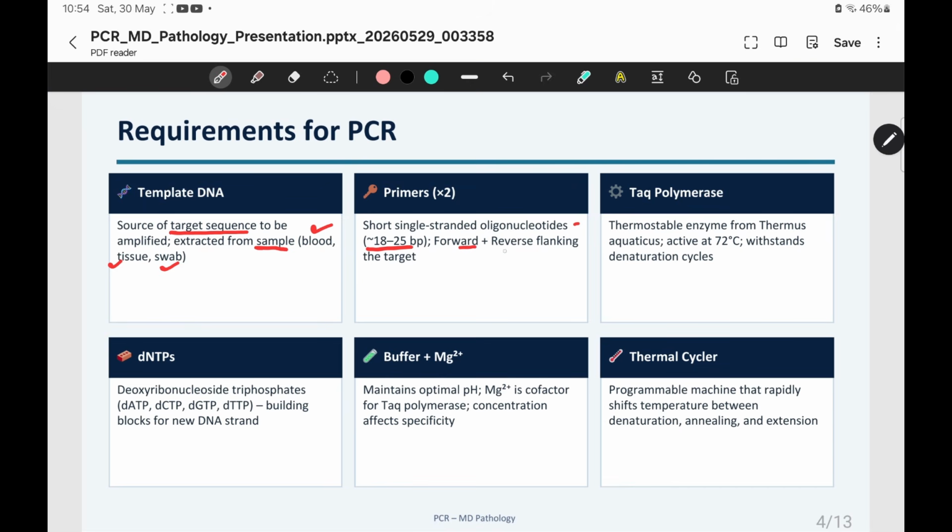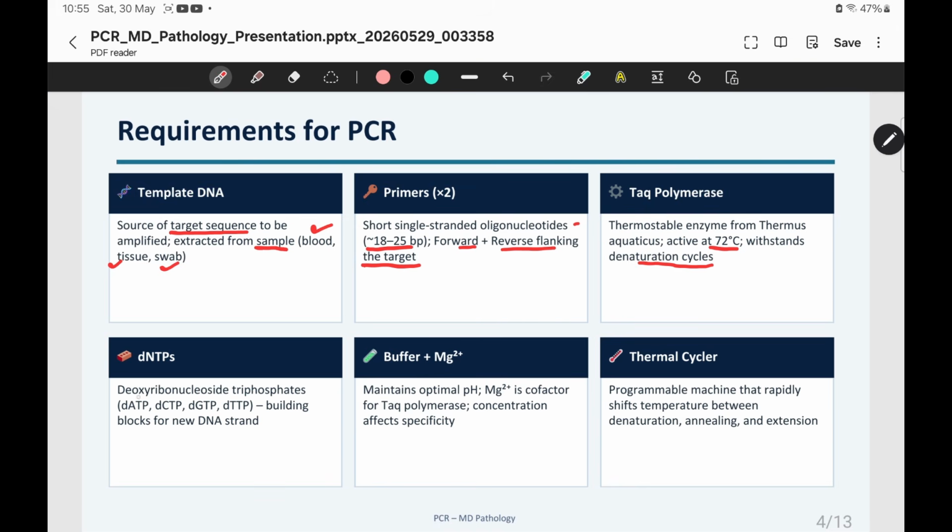These are forward and reverse primers which flank the target. And the Taq polymerase or the DNA polymerase enzyme, which is a thermostable enzyme from Thermus aquaticus. It is active at 72 degrees centigrade and withstands the denaturation cycles.